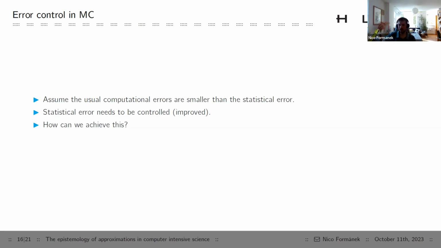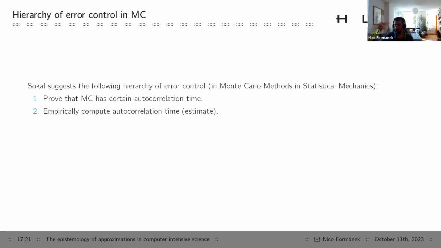And here again, on the next slide, I'll have Sokal, and he suggests something. I think if you are using these methods, that is something that is in the back of the minds of all the practitioners.